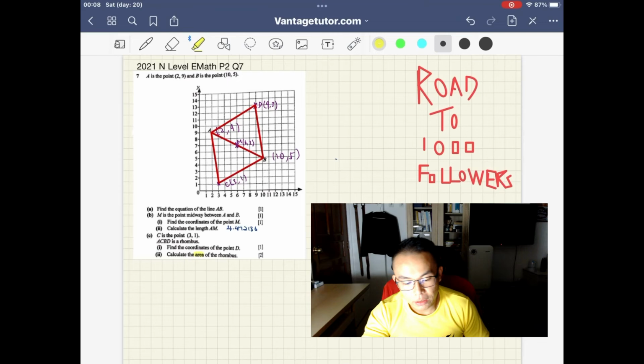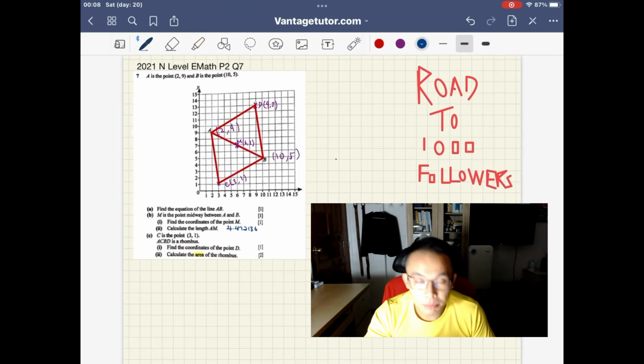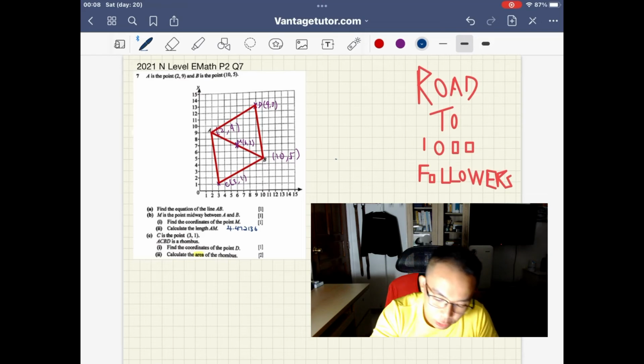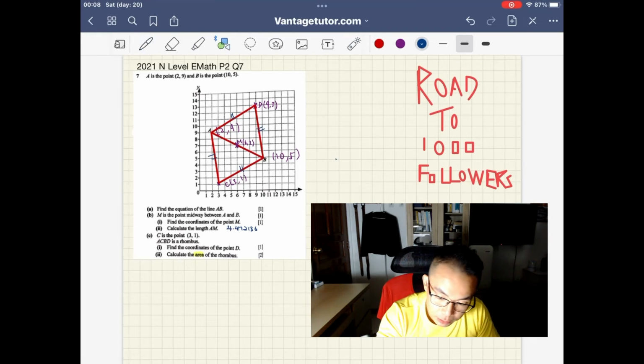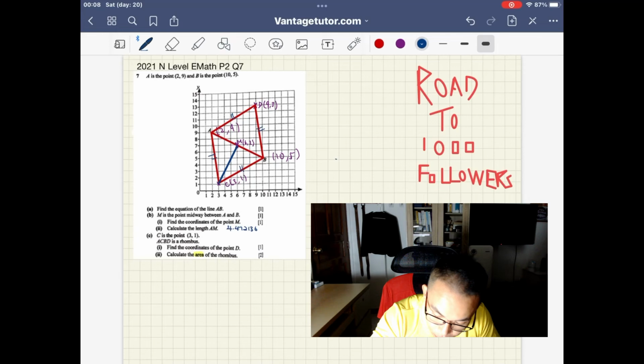Now, you learned this in primary school, right? Rhombus means that it's essentially a square squished to one side. So actually all 4 sides are equal. More importantly, if I were to draw a straight line from M all the way to C, this should form a 90 degree angle.